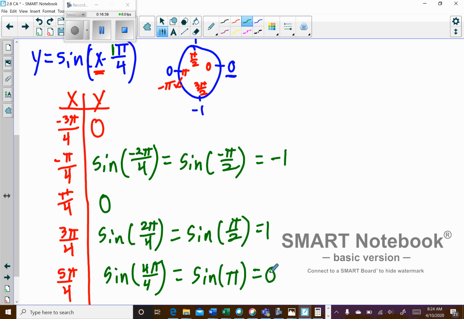Okay, so then I'll do a little sketch here. And once again, I'm going to use their parameters. So this will be about negative 3 pi over 4, negative pi over 4, positive pi over 4, 3 pi over 4, and then 5 pi over 4. And so I'm going to plot those points. So I'm going to go from 0 to negative 1 to 0 to positive 1.